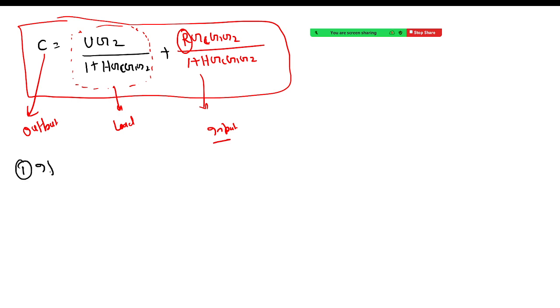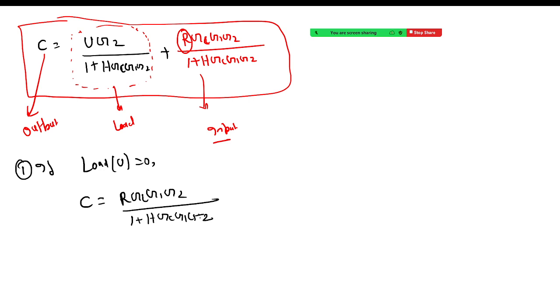First case, if load U is equal to 0, so what will happen? This will be 0. So your value of C is equal to R GC G1 G2 divided by 1 plus H GC G1 G2. Fine. So can I write C upon R?